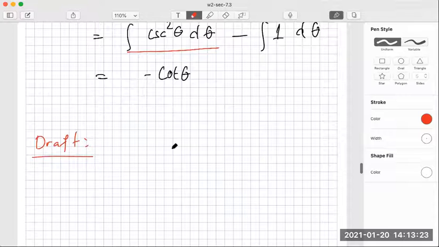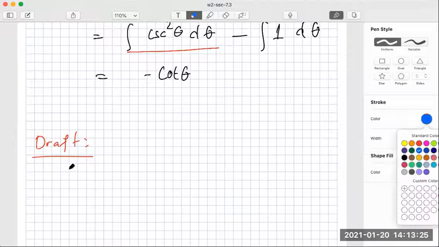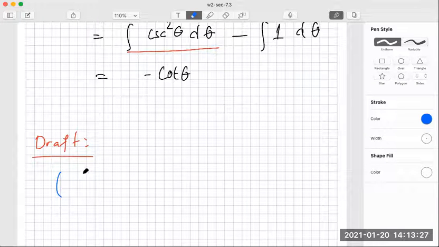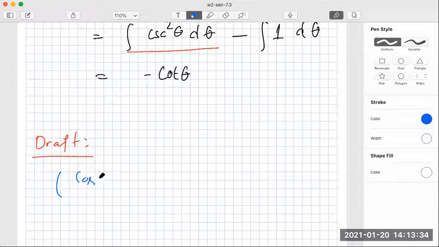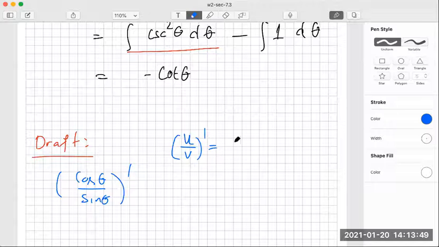Let us compute the derivative of cotangent. Cotangent is cosine theta over sine theta, which is cosine over sine, right? And the formula we use will be this one. And what do we have?